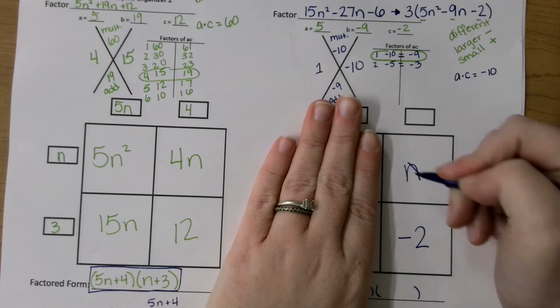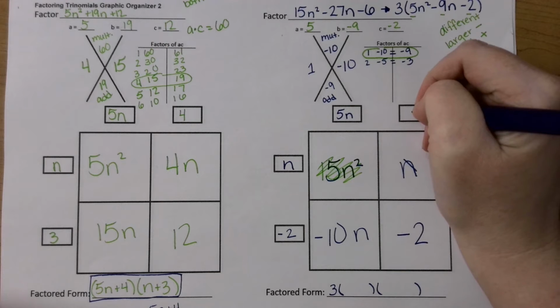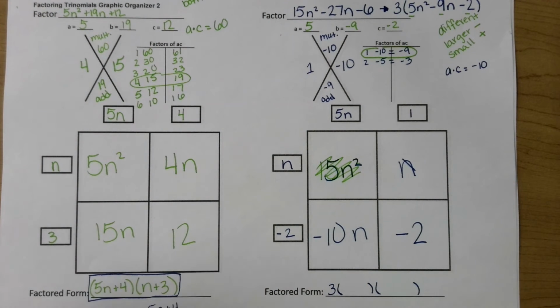And over here I have n and -2. And they don't have anything in common, so I'm just going to put a 1 there. Because if you don't have any greatest common factor, everything can be divided by 1.